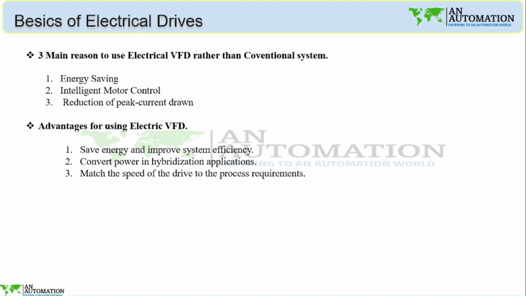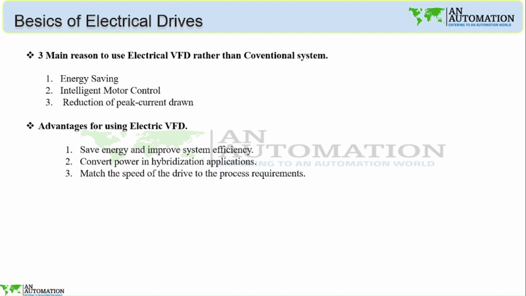Otherwise, from some calculated operations like winder control or diameter control method, we will have to limit the speed or change the speed in a fractional manner.